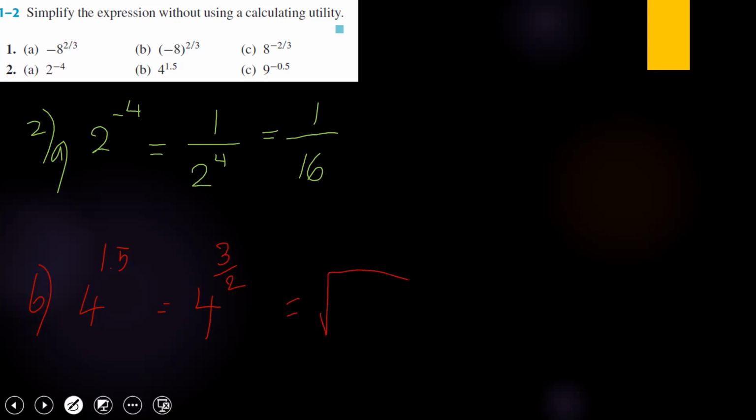How can I rewrite it using a radical expression? 2 is outside and the 3 is inside. Bravo. It is the square root of 4 cubed. Now 4 cubed is 64. What is the square root of 64? 8. So if I'm asking you to find 4 to the power 1.5, you have to tell me it is 8.